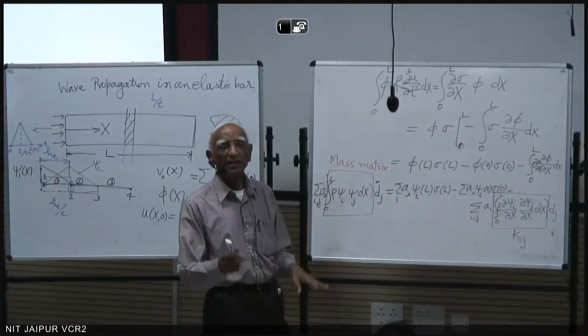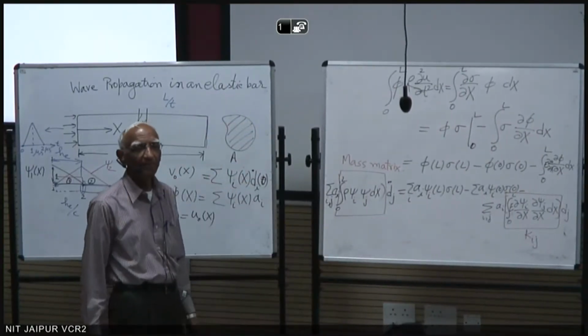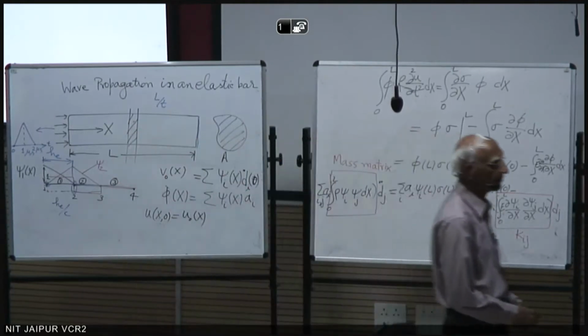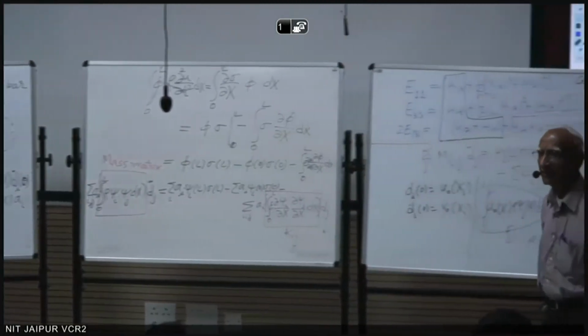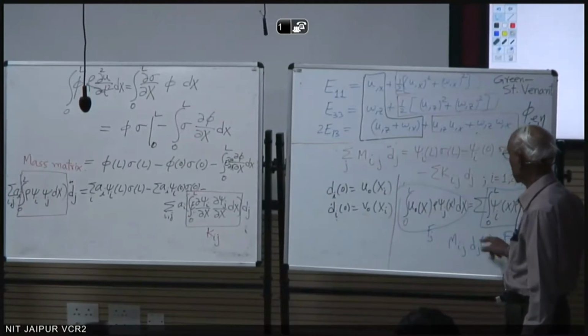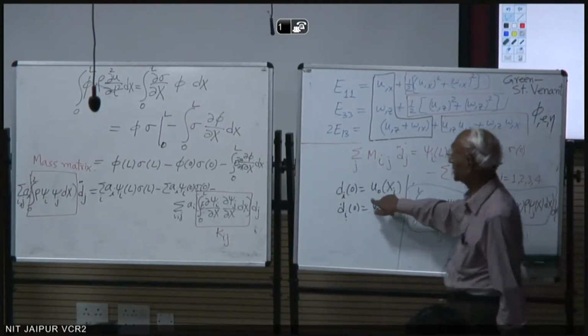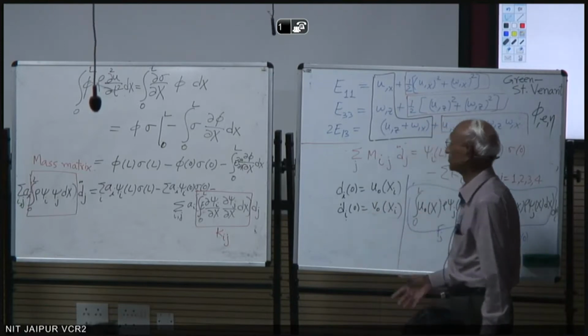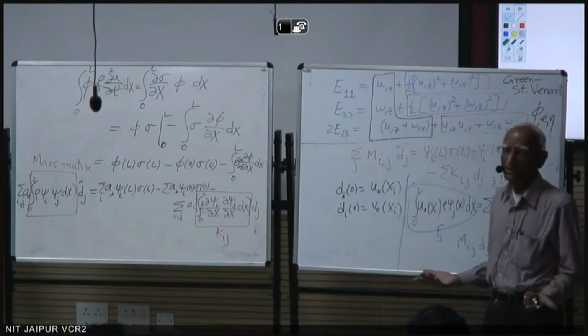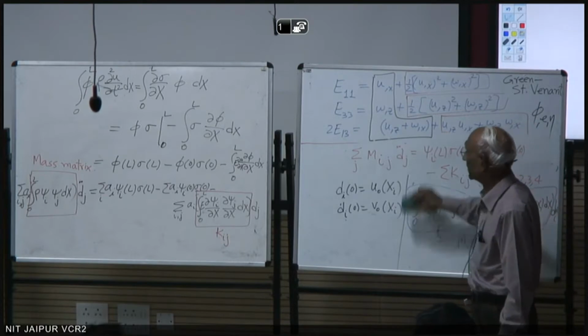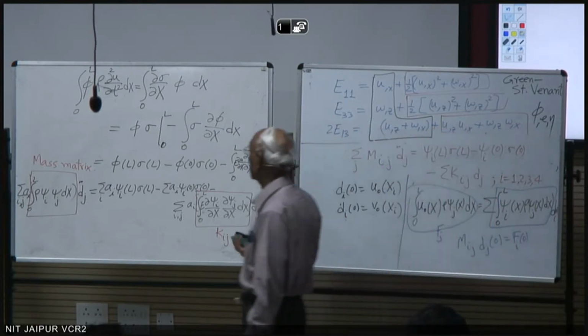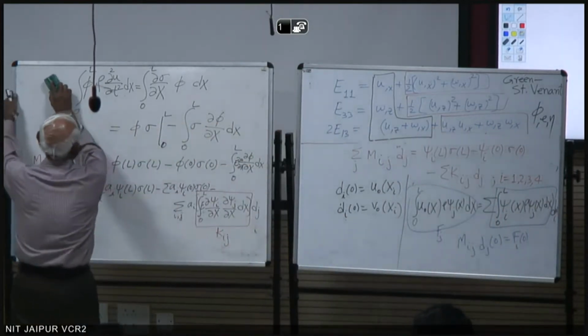So, yes, for now. Pardon me? Okay, we were given u0 of x, we were given the value of u0 of x. Since I don't have enough room here, I can write here.